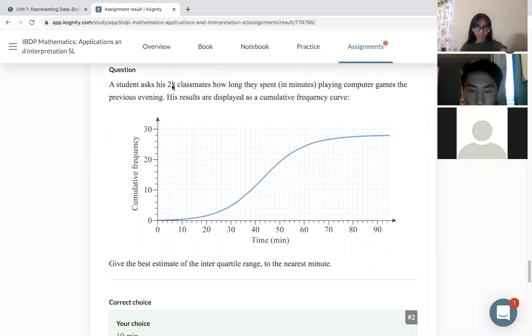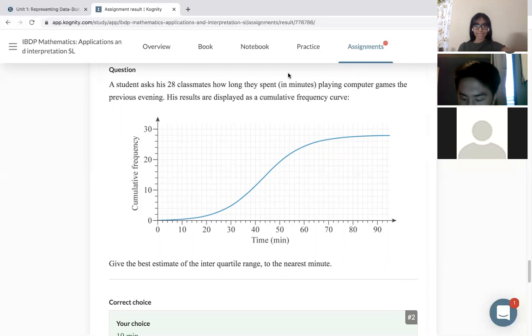Okay. So 28 classmates, that would be the cumulative frequency. How long they spent in minutes playing computer games the previous evening. So best estimate of the interquartile range. So I would take 28 times 0.75, 21, and then 21. That's not all you do.